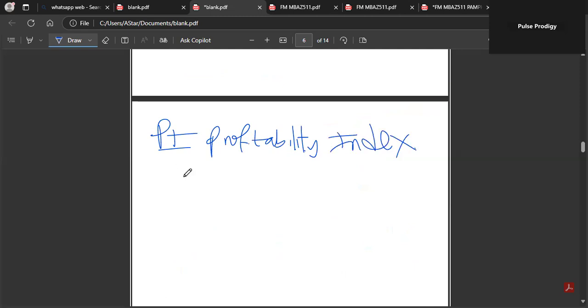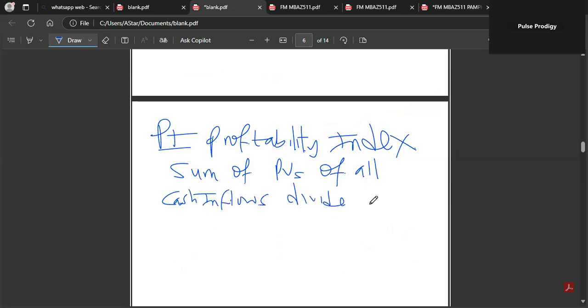This is simply the sum of present values of all cash inflows, divided by what? Divide by the initial investment in a project.